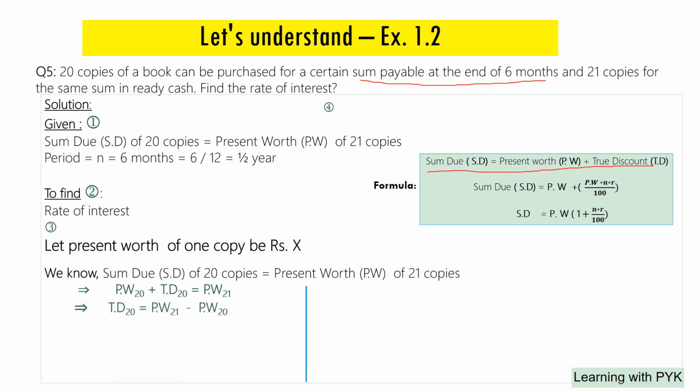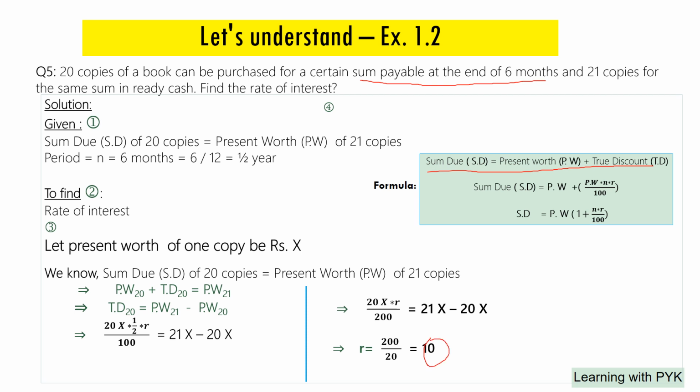So on solving, we get true discount on 20 copies would be present worth of 21 copies less the present worth of 20 copies. So on putting the values, we get R, that is rate of interest, as 10. So the required rate of interest is 10%.